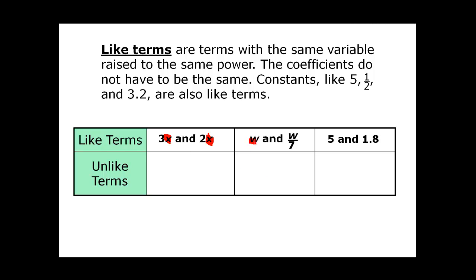Here the variable is w, here the variable is w, but the coefficient is 1/7 and the coefficient is 1. I'm working with the variable. Here we have 5 and 1.8, both of them are like terms, because they don't have variables, so I can add them together or combine them together.